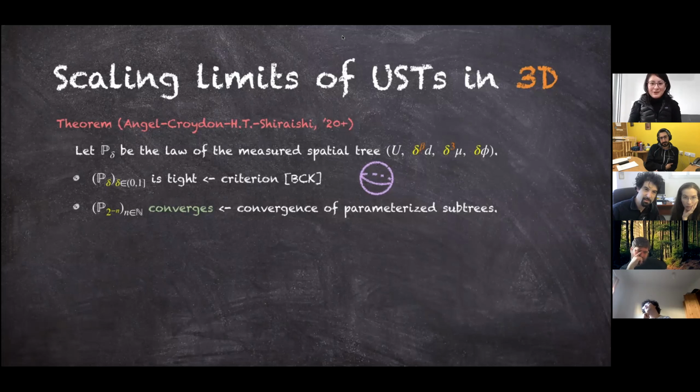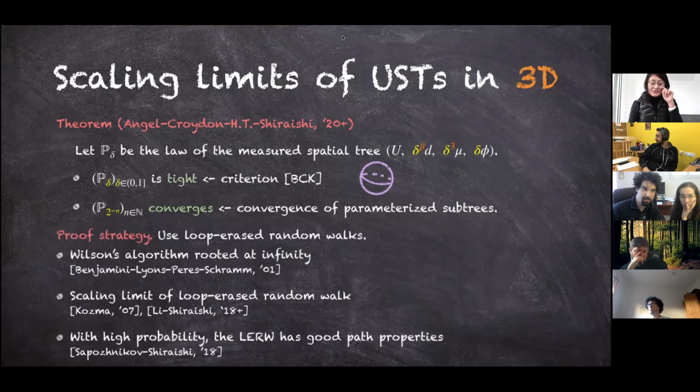We consider the subtrees spanned by those points, and we prove convergence of those subtrees, but convergence including their parametrization of all the paths inside those subtrees.